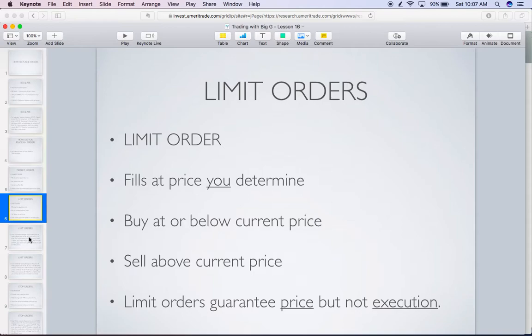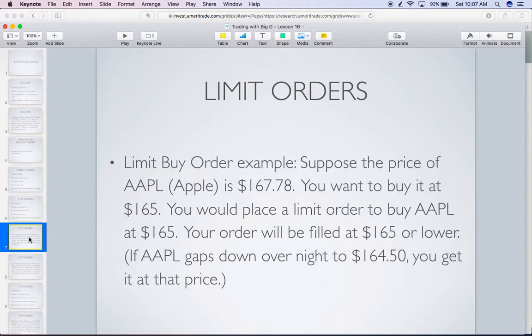Let me give you a couple examples, and then we'll go back and look at how to do that on TD Ameritrade. So a limit buy order, for example: suppose the price of Apple is $167.78 and you want to buy it when it dips down to $165. Maybe you've done your technical analysis and you think it's going to drop back down to $165.